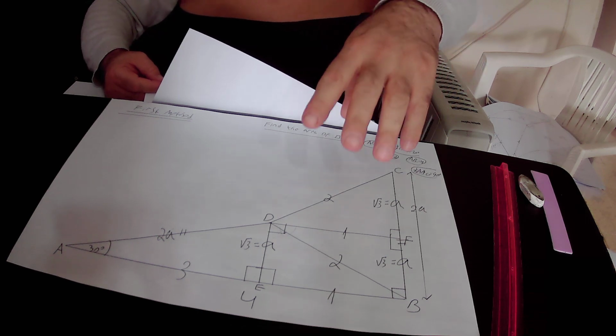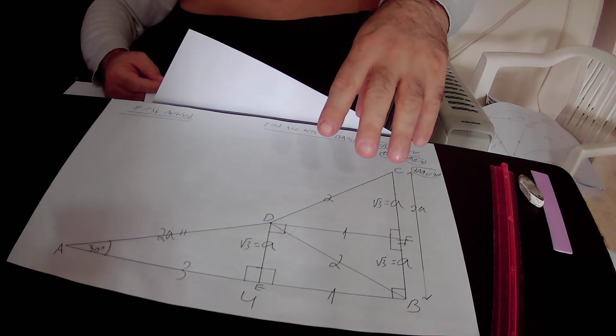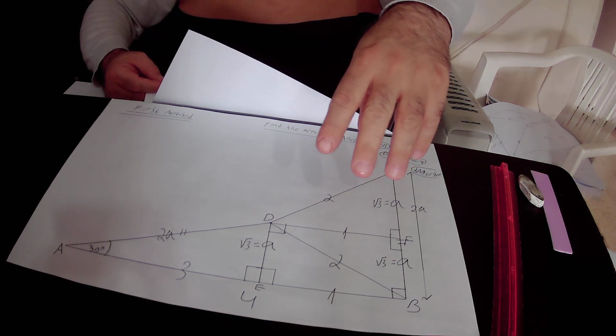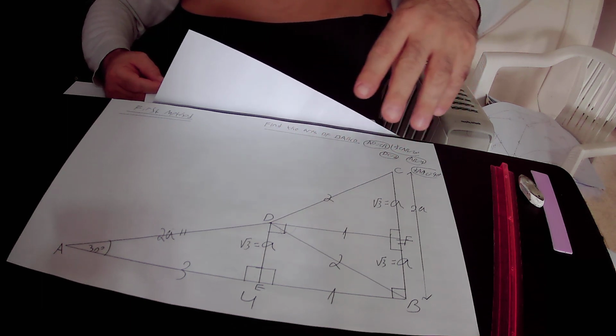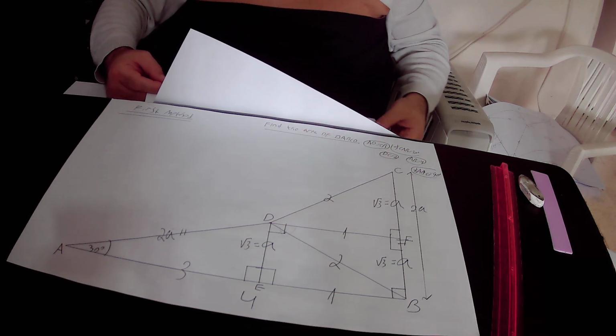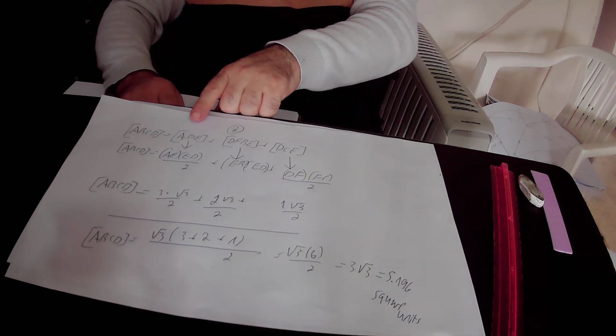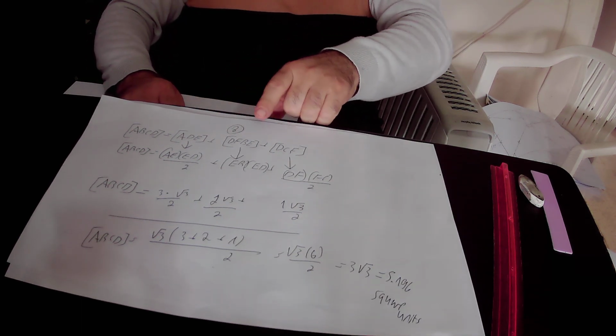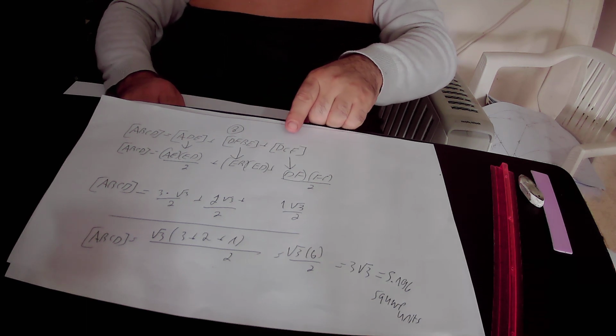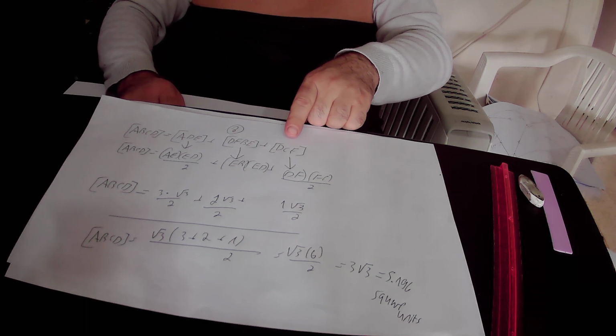So the sum of those three areas will be equal to the area of quadrilateral ABCD, that is, the area of triangle ADE plus the area of rectangle DFBE plus the area of the right triangle, triangle DCF.